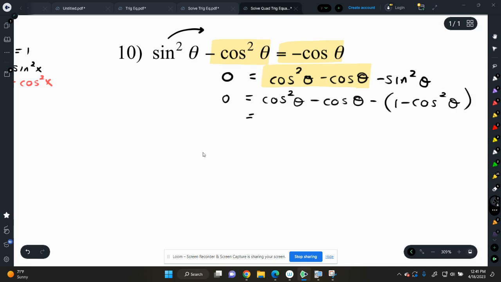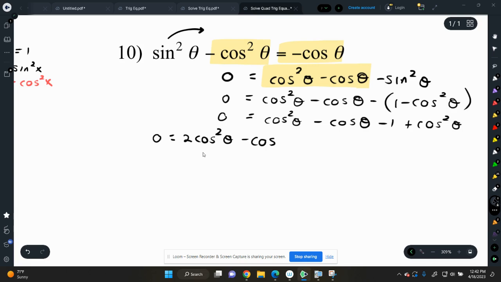Okay, so we have cosine squared theta minus cosine theta minus 1 plus cosine squared theta. So this is very similar to the other problem. So we have 0 equals 2 cosine squared theta minus cosine theta minus 1.